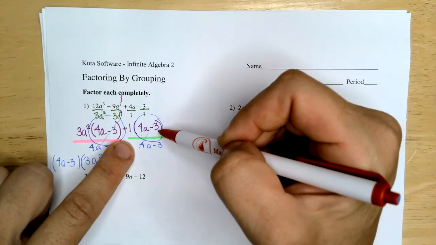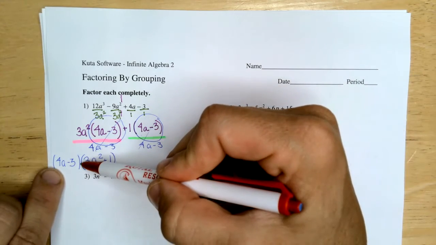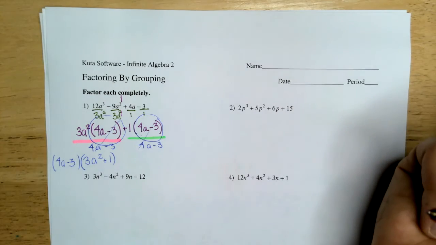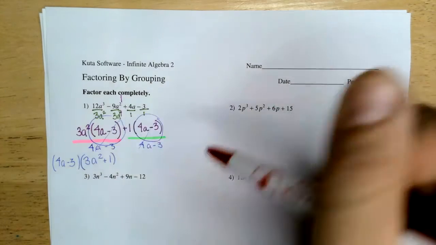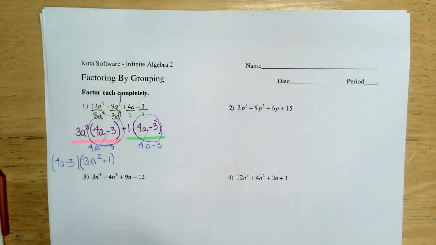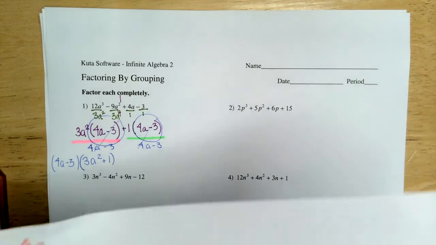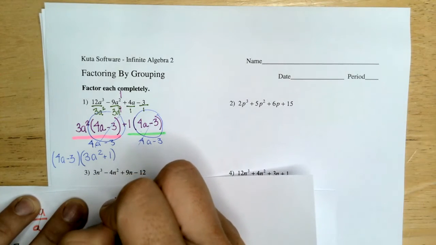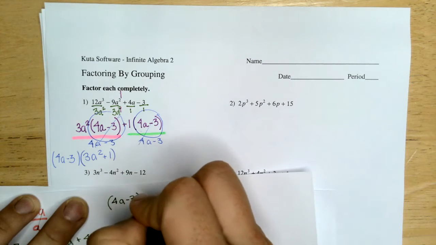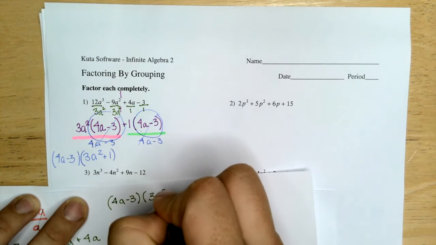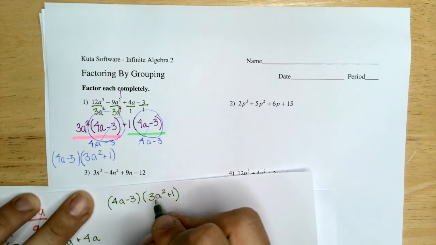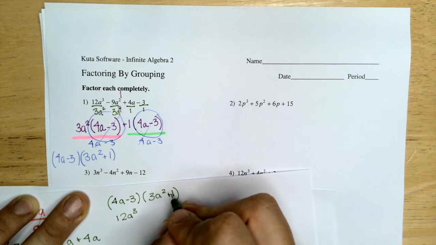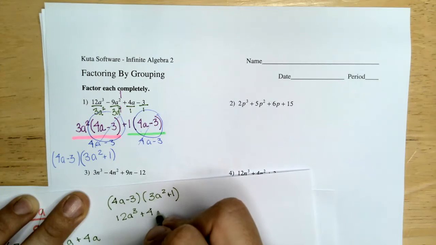4a minus 3 is common to both, so that goes in front, and then I combine these two and multiply by that. You can check if you were correct by multiplying that back out. So if I take 4a minus 3 and multiply it by 3a squared plus 1, 4a times 3a squared is going to be 12a cubed. 4a times 1 is 4a.